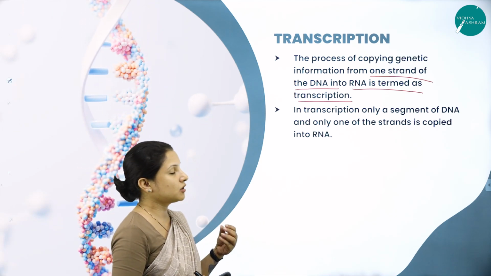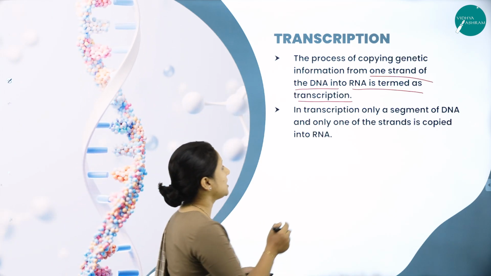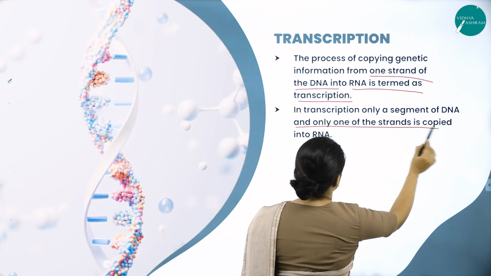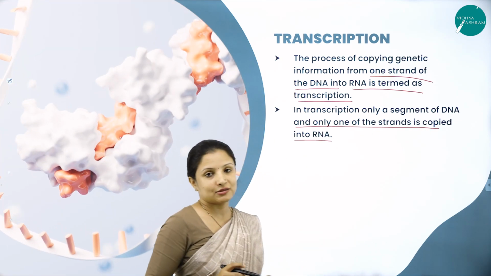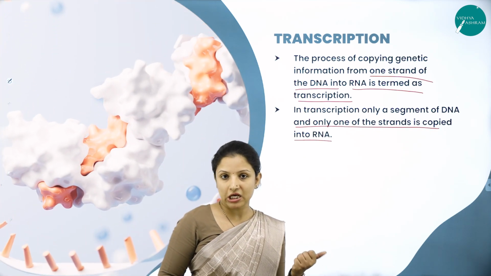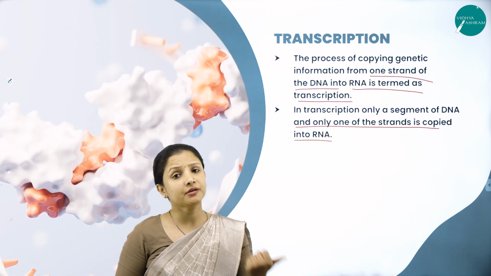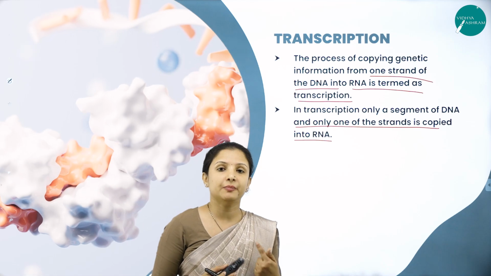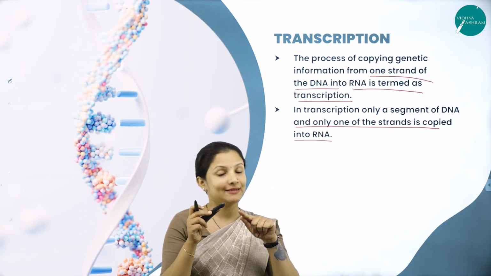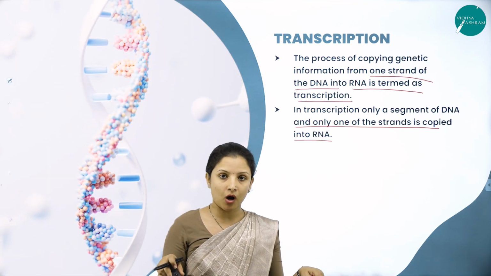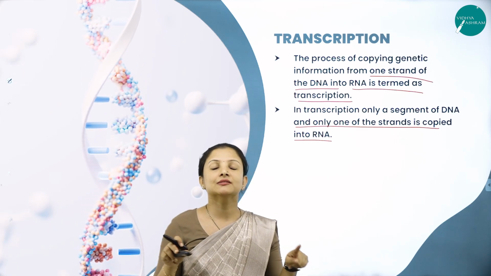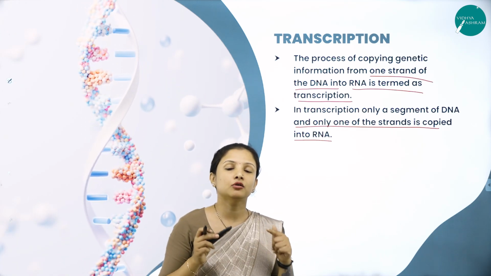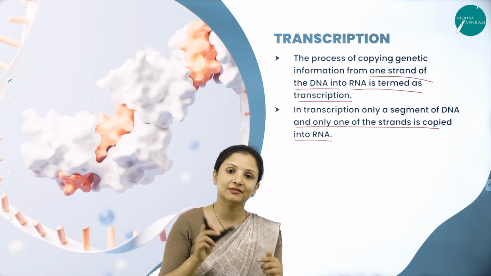In transcription, only one segment of the DNA strand is copied into the RNA. That is the main difference between replication and transcription. In replication, both the strands were involved, right? To brush up on replication, the two strands uncoiled or unwound, and to the two parental or template strands, the complementary daughter strand got formed.